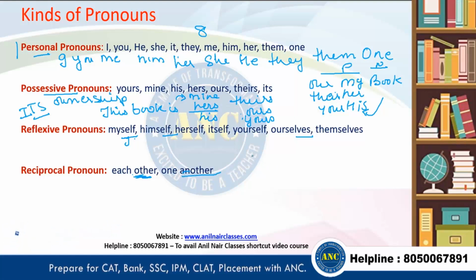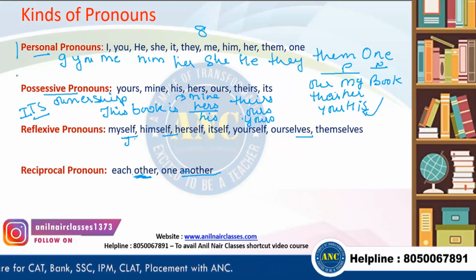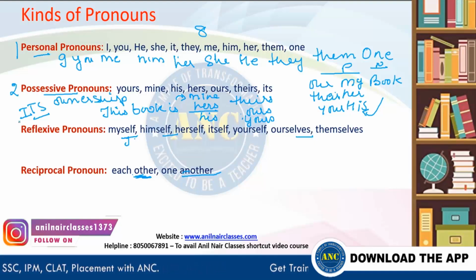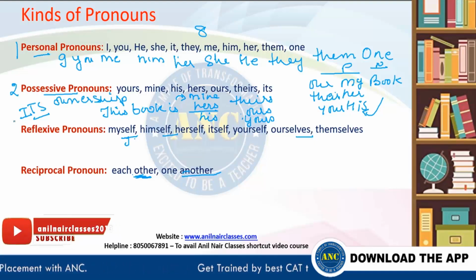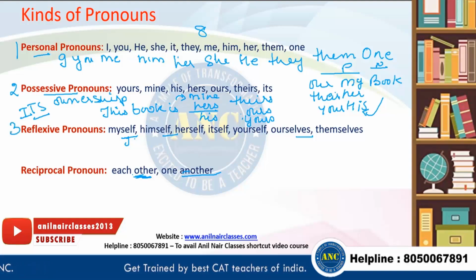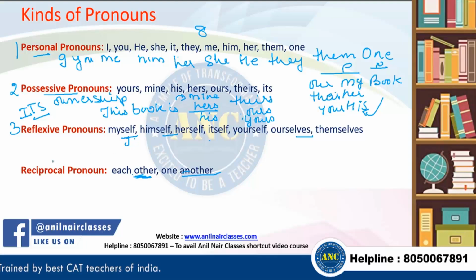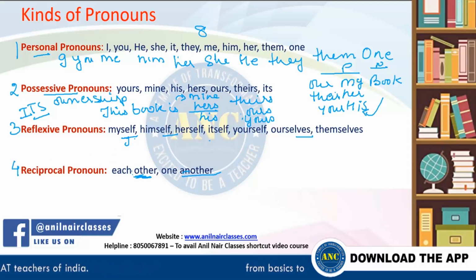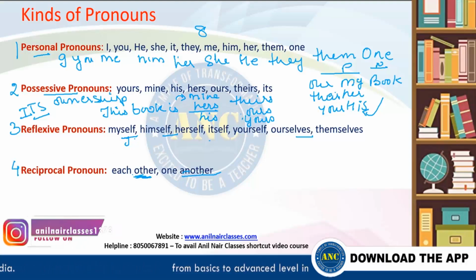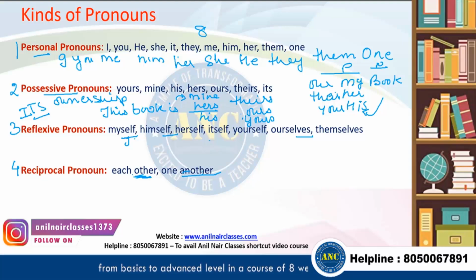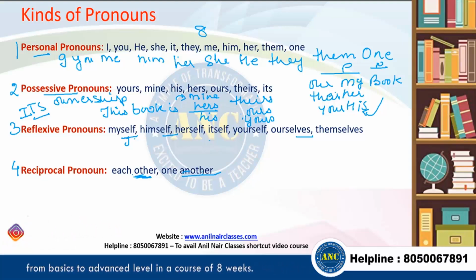So the point of this slide is that we have personal pronouns referring personally to someone, possessive pronouns showing ownership, reflexive pronouns, the words ending with self and selves, and reciprocal pronouns, words like each other and one another, when you refer to two or more people.